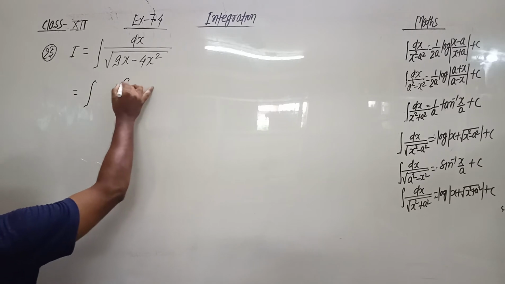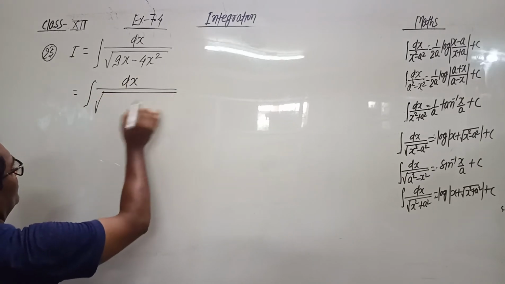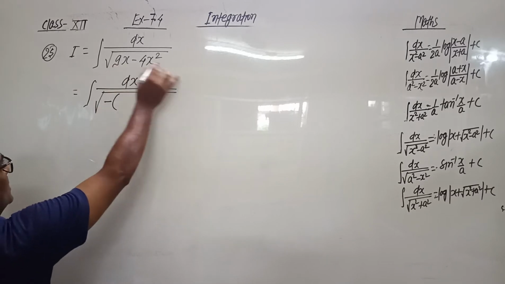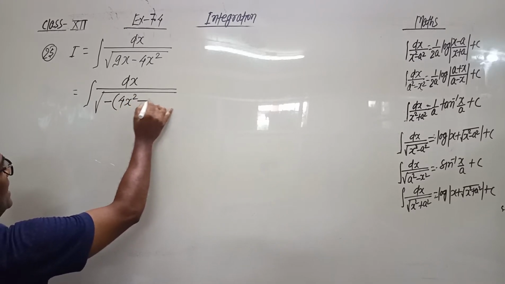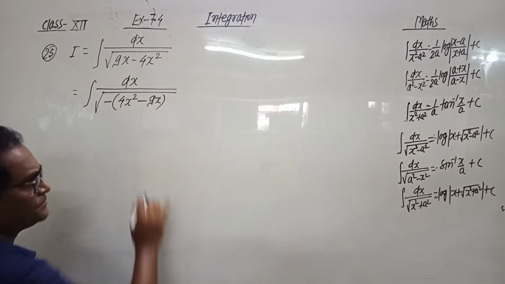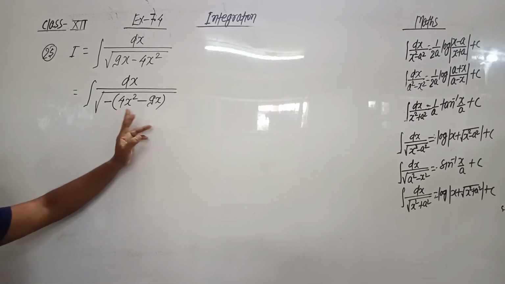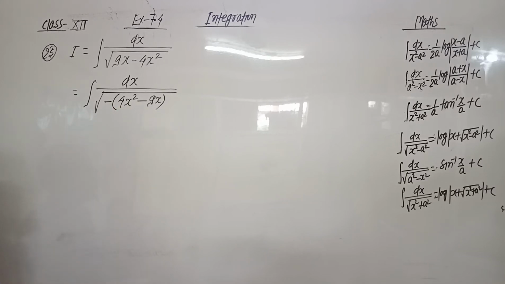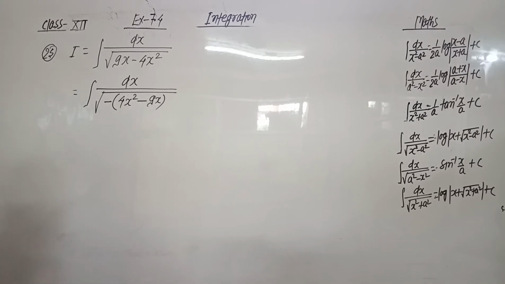This would be written integration dx upon under root of minus is taken common from both the terms. So we get 4x square and minus 9x. Then inside the bracket we will take 4 as common, because the coefficient of x square should be equal to 1. Here the coefficient of x square is 4.